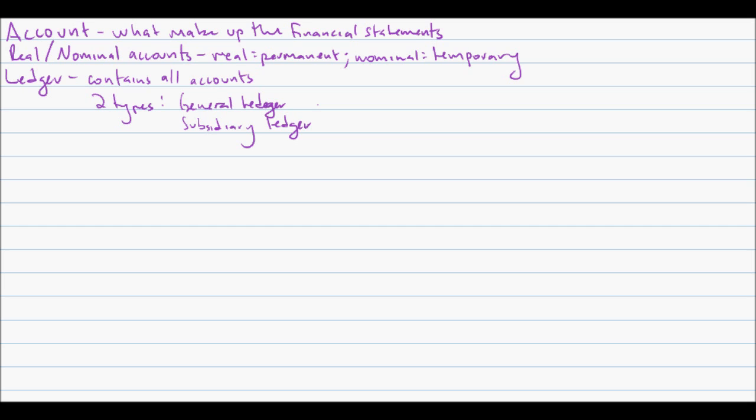The next term I want to go over is journal. The journal is basically a book where we record transactions. Transactions are first journalized, they're recorded in the journal, and then they're transferred to the ledger.